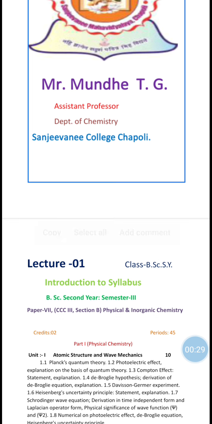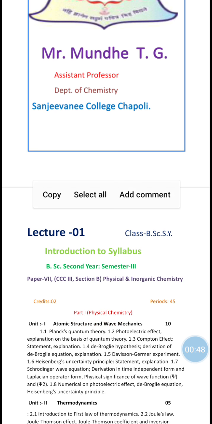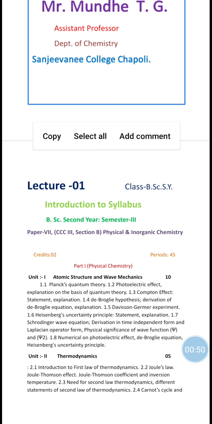Today we are going to see the syllabus for BSc SY, subject chemistry, paper number 7, which is a physical and inorganic chemistry paper.